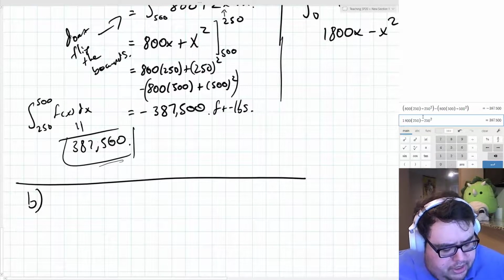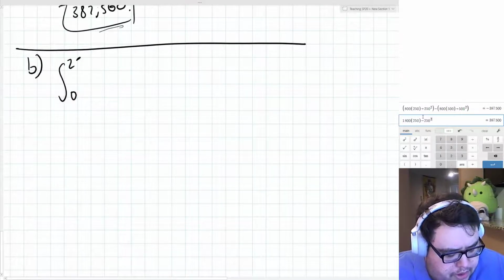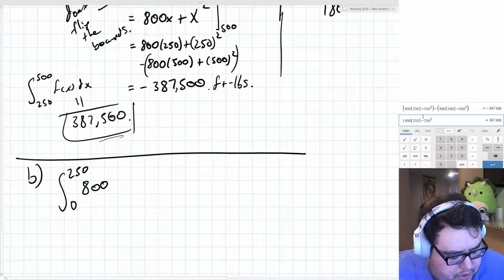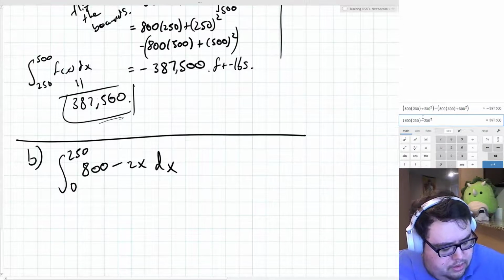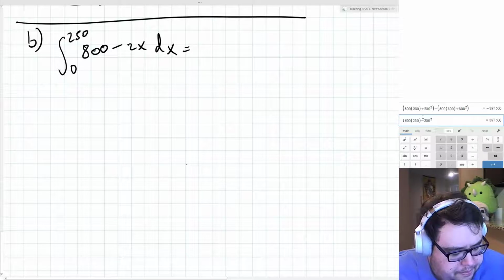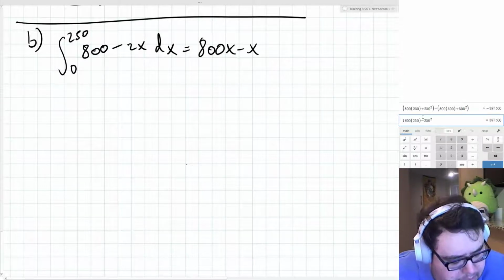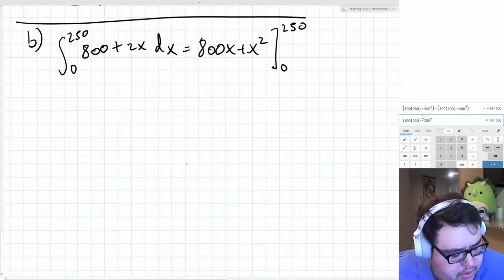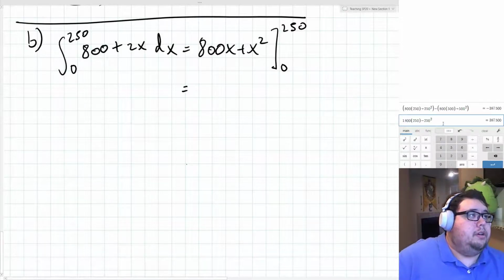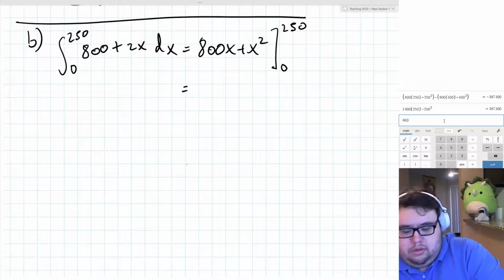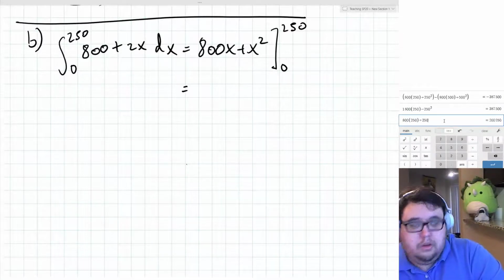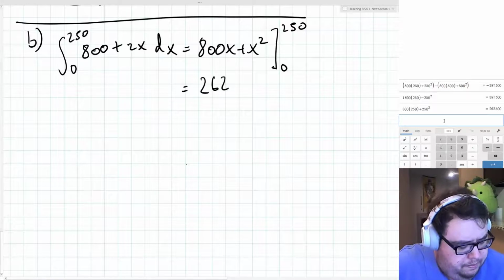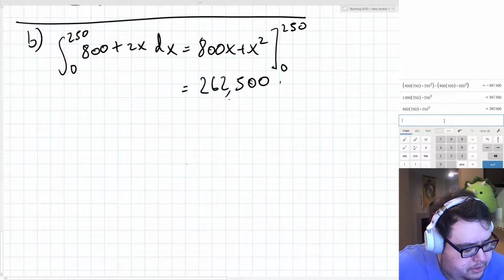In the first parameterization, this time we'll have the integral from 0 to 250 of 800 plus 2x dx, which will be 800x plus x squared, evaluated between 0 and 250, which will be $262,500 foot-pounds.